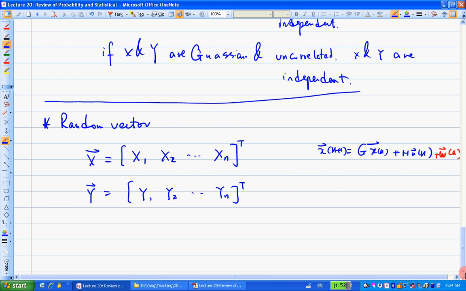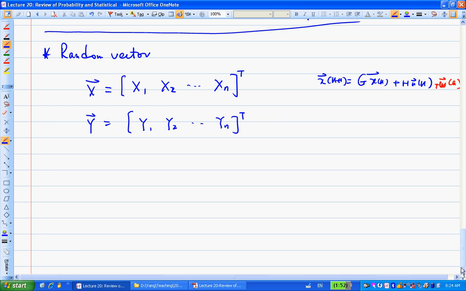All right. So now let's take a look at a couple of things here. How do I make use of some of the concepts we just reviewed on the random vector?